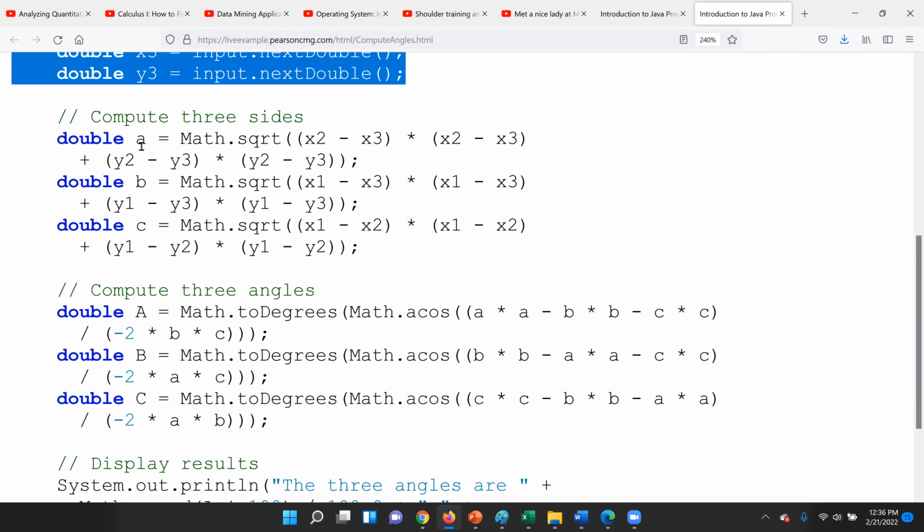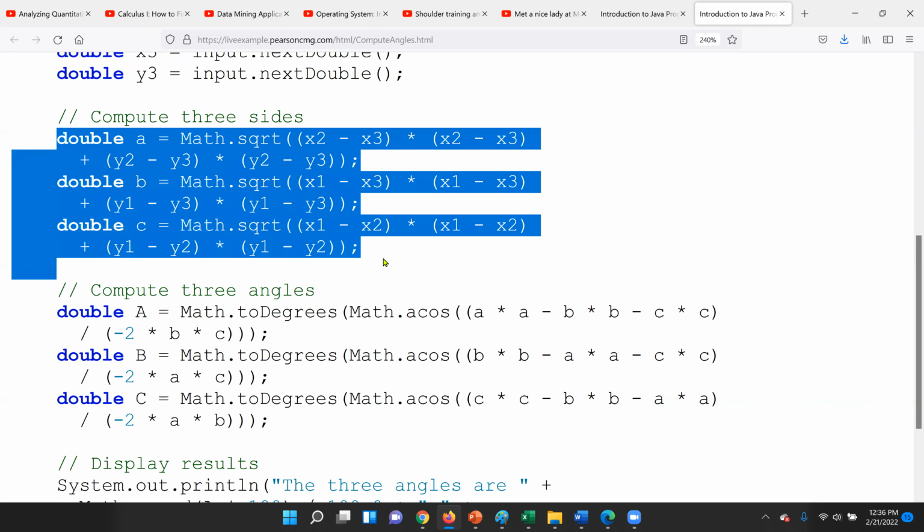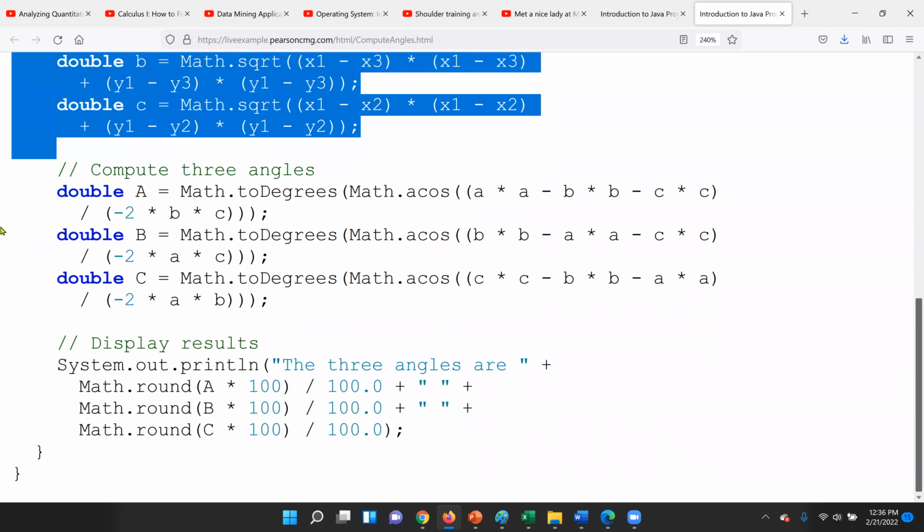Then to find the side B, it will be Math.sqrt of X1 minus X3 times X1 minus X3, plus Y1 minus Y3 times Y1 minus Y3. To find the side C, it is Math.sqrt of X1 minus X2 times X1 minus X2, plus Y1 minus Y2 times Y1 minus Y2. So now we know the three sides, A, B, C.